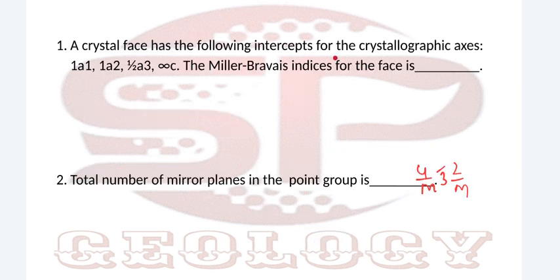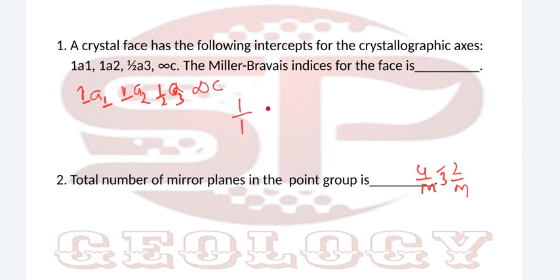Then the crystal phase of the following intercepts to the crystallographic axes: 1A1, 1A2, half A3, infinite C. Write down again here: 1A1, 1A2, half A3, infinite C. So you have to calculate the Miller-Bravais indices for this phase.